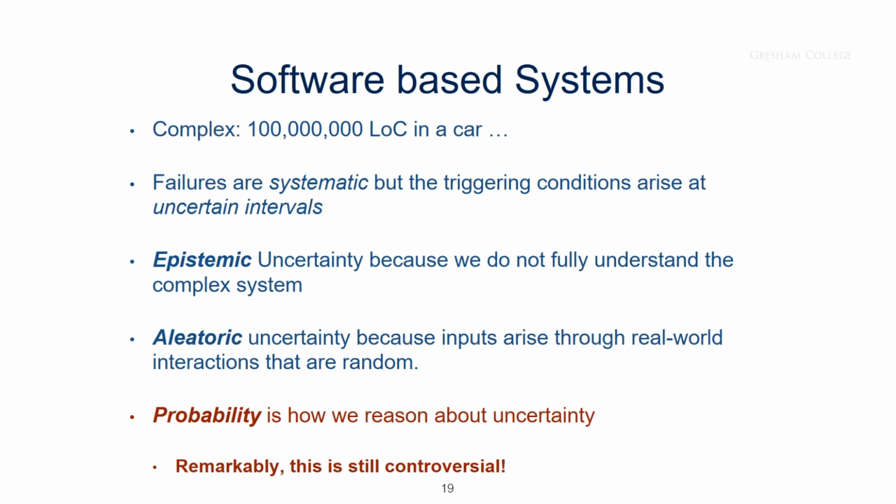And we have aleatoric uncertainty, which is the uncertainty of the randomness of the arrival of the particular set of circumstances that are going to affect the behavior of the software. The fact that the world is a random place, weather conditions are random, the behavior of all the things that influence software quite often will trace back to random causes.